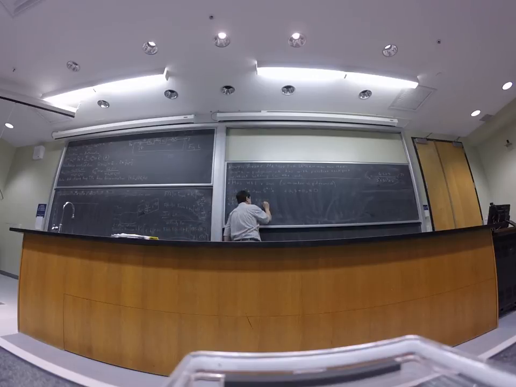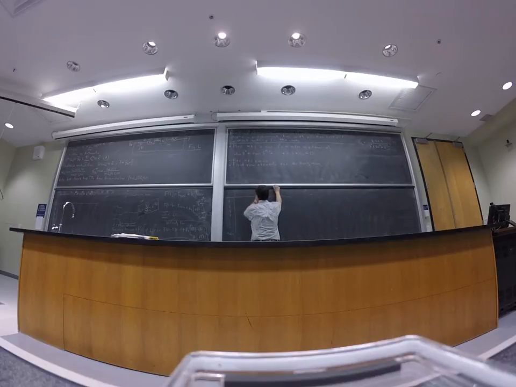Elements a_n minus 2, a_n minus 4, and so on until you run out of elements. So the first row, you construct a_n, a_n minus 2, a_n minus 4, and so on.